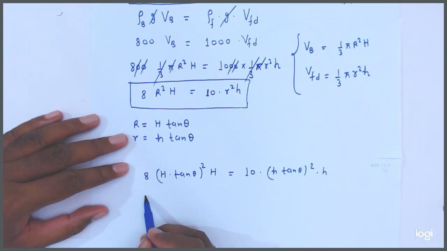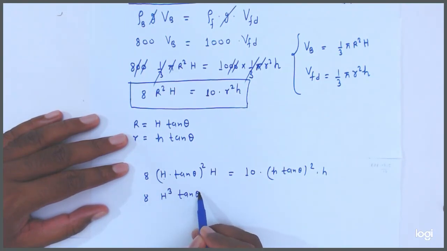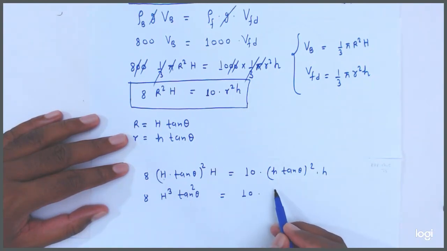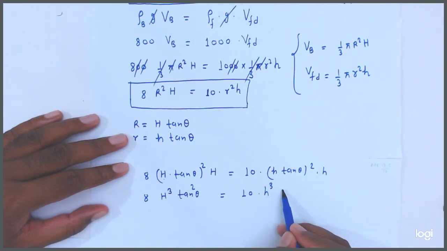Okay friends, now here 8 capital H square and H, it will be cube, tan theta whole square equal to 10 into here also small h square into small h, small h cube tan theta whole square.